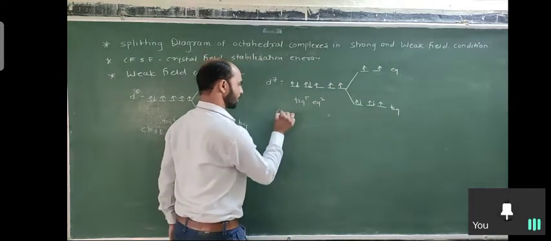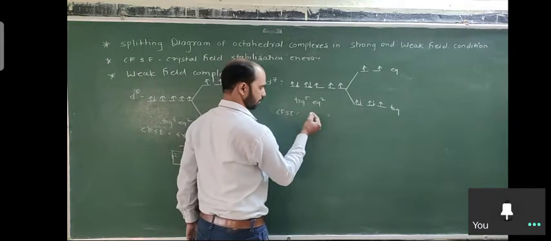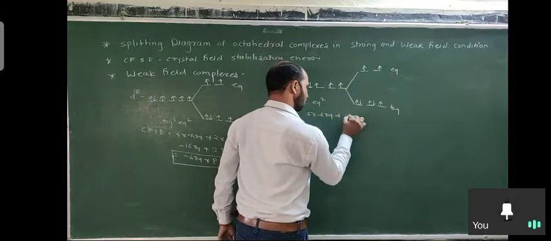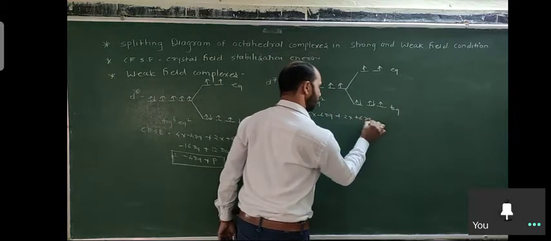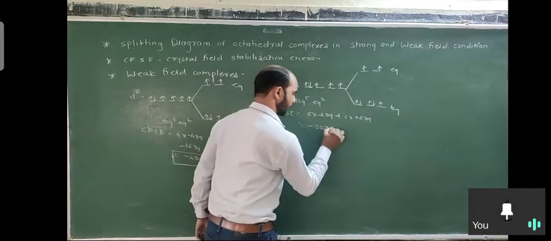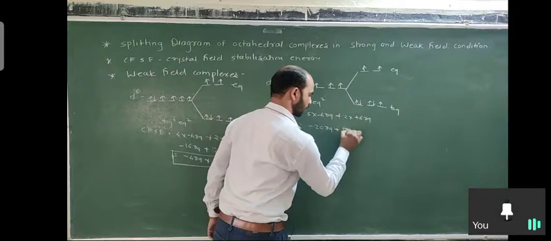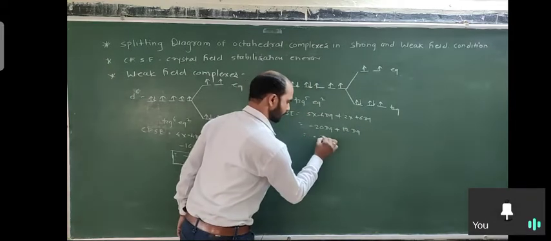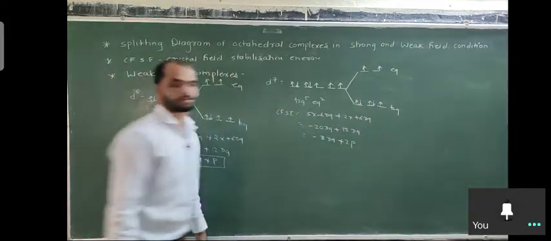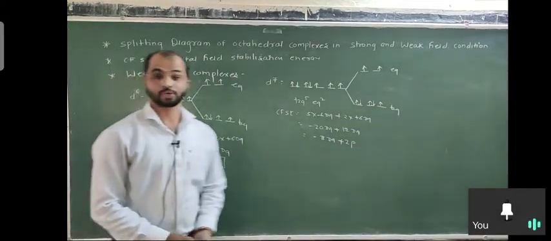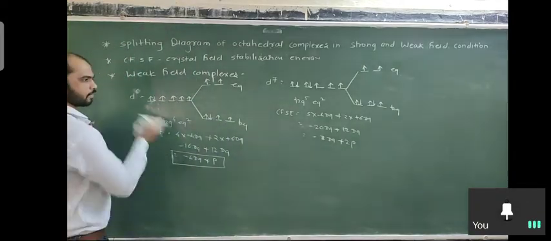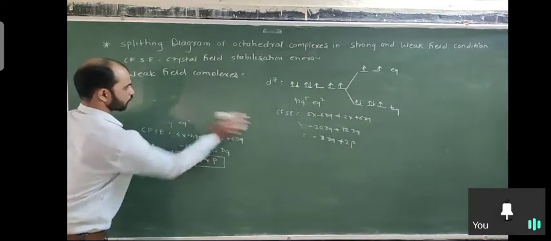So CFSE is 5 into minus 4 Dq plus 2 into plus 6 Dq. So here the minus 20 Dq plus this is the 12 Dq. The answer will be minus 8 Dq plus. How many pairs? 2 pairs. So 2p is there.